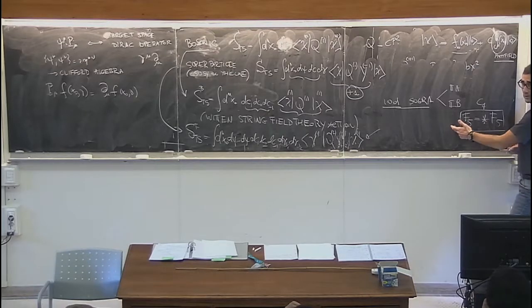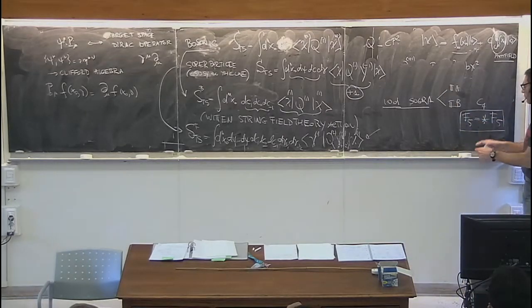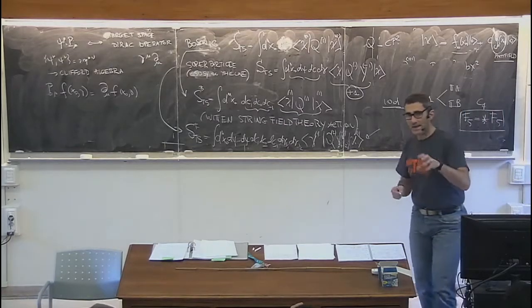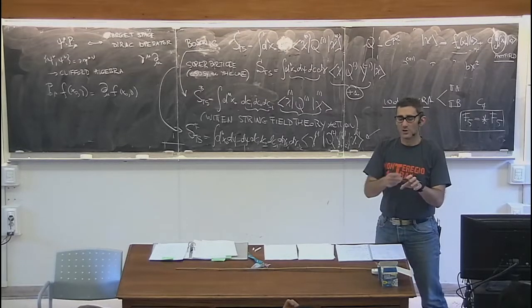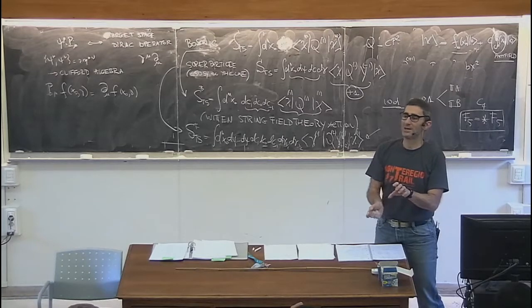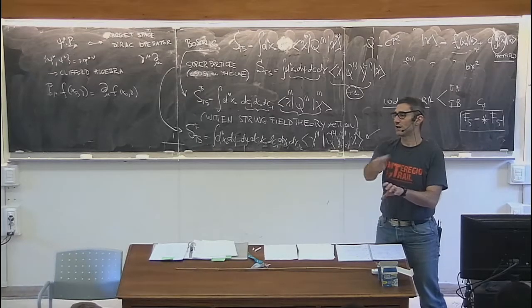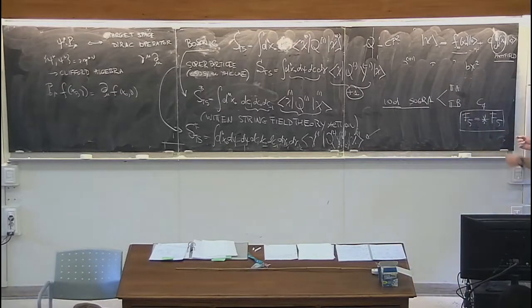If you try to do it, you just put a Lagrange multiplier that implements the self-duality condition as an equation of motion, and you immediately see that the Lagrange multiplier starts to propagate as a physical degree of freedom. So even though you add this condition, there is a new field which starts propagating. So the balancing between the degrees of freedom is spoiled by this equation.